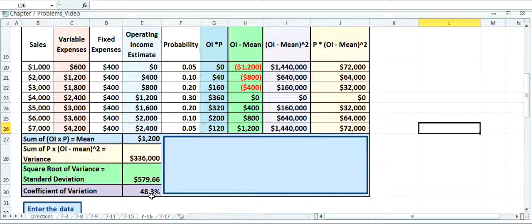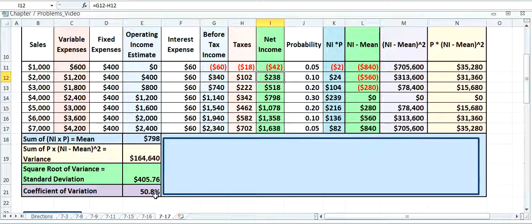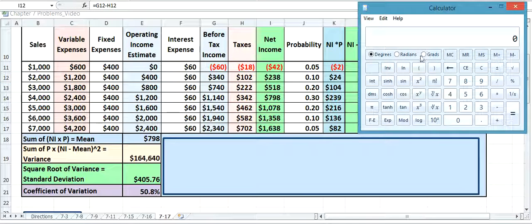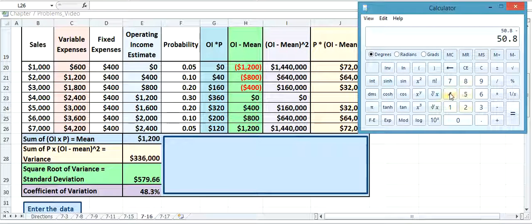So when we compare that, with my calculator, the financial risk is 50.8 minus what we had before, which was 48.3, and that's going to give us a financial risk of 2.5%.